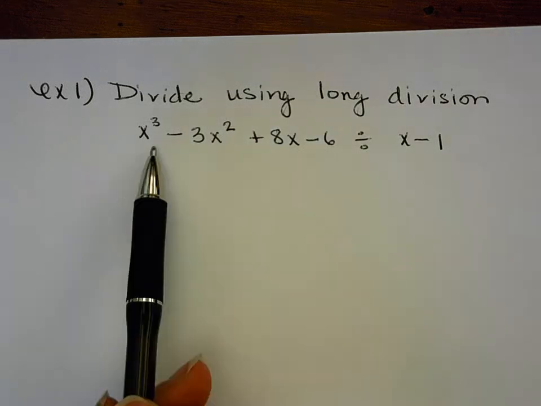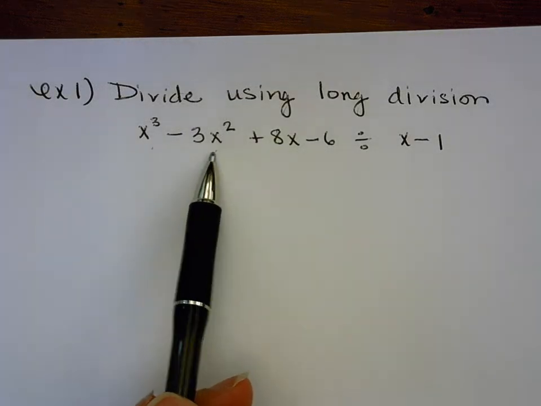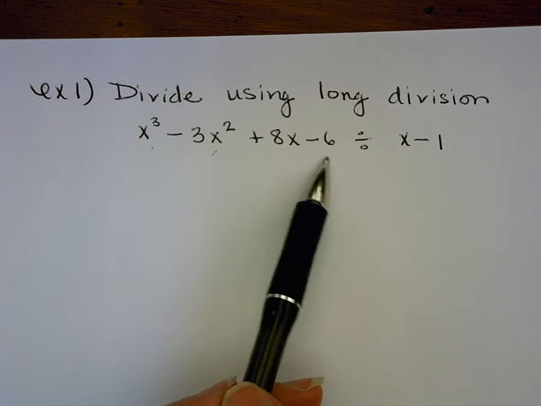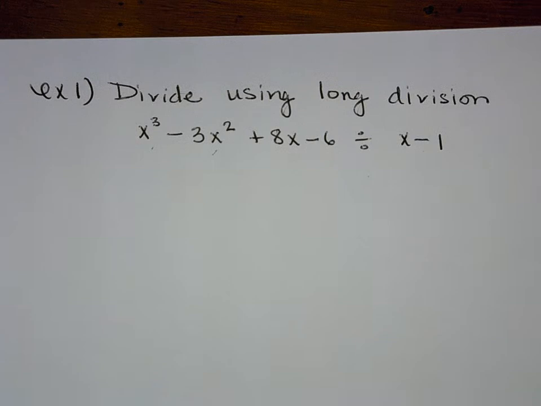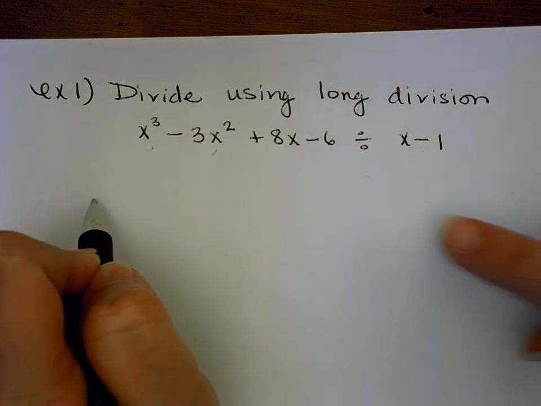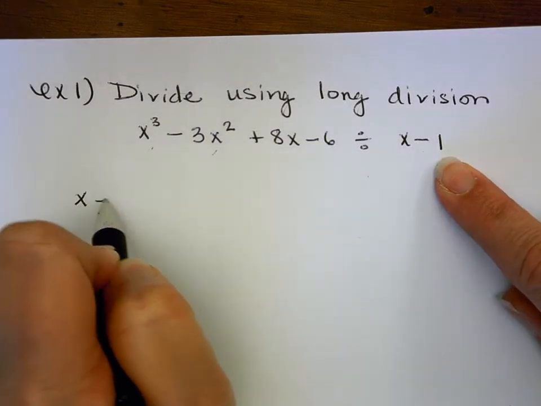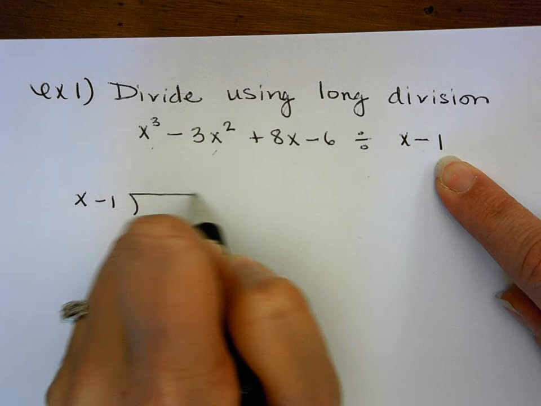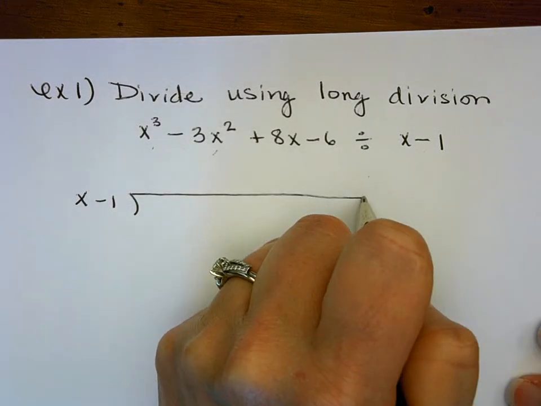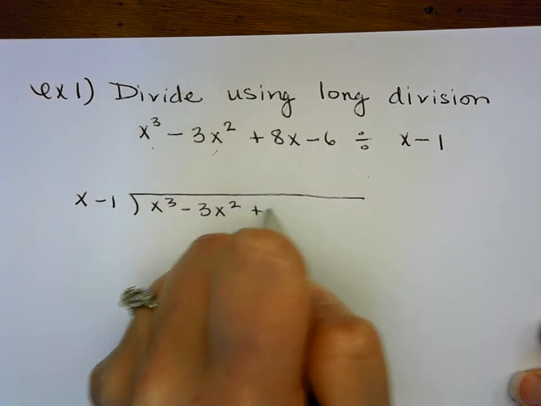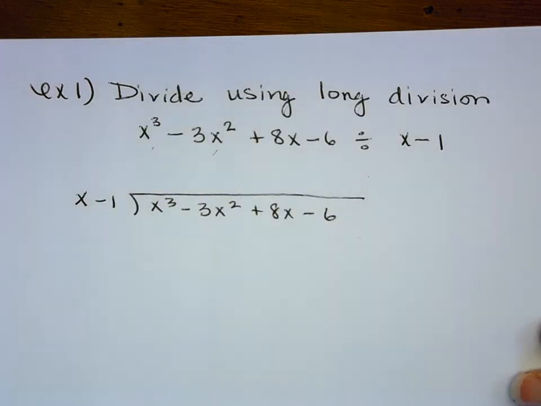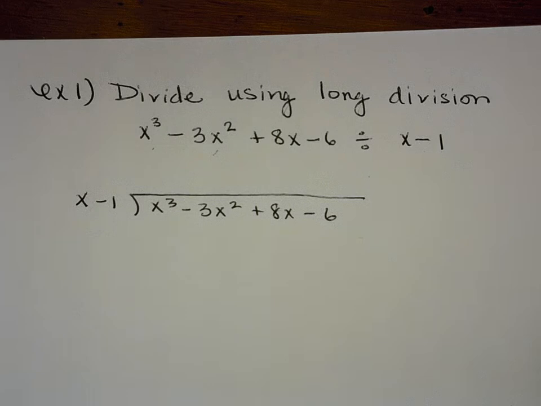We have x to the third minus 3x squared plus 8x minus 6, and we want to divide that by x minus 1. Our first step is just to set it up just like we would for your normal long division. So that's our step 1. Our setup is going to be the x minus 1 goes on the outside, and then I'm just going to copy what I have above that. Although it doesn't look like it, our steps are going to be exactly the same as we did for our long division.